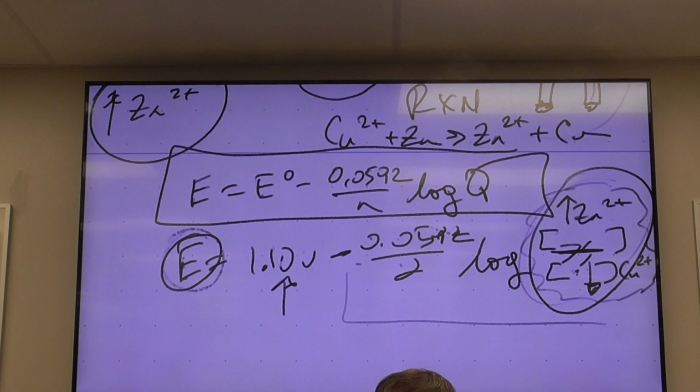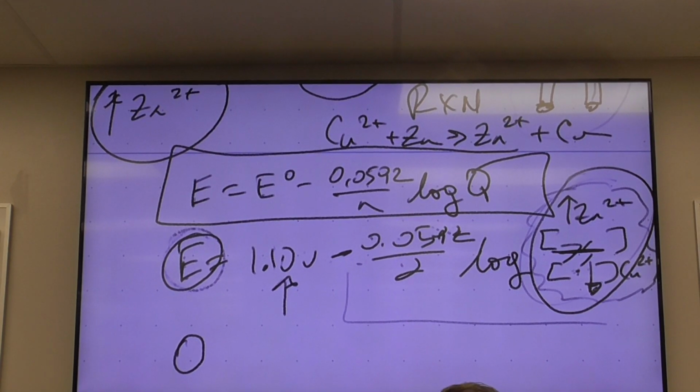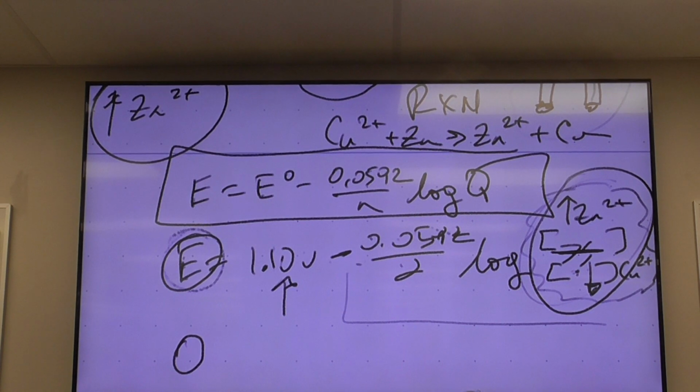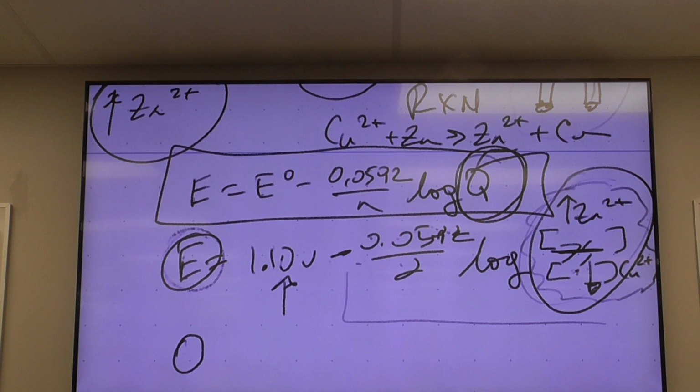Eventually, if you run this long enough, what's going to be your value of E? 0. Eventually that's going to reach 0. When you reach that 0, the whole system is going to be in equilibrium. So instead of Q, once we reach equilibrium, what can we put?